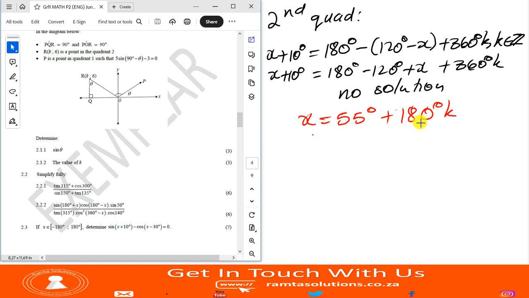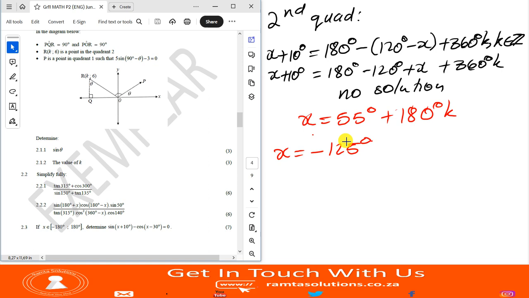So I want you to consider a term before 55. The difference between each term is 180. So in other words, I want you to say 55 minus 180. What do you get? x equals negative 125, isn't it?